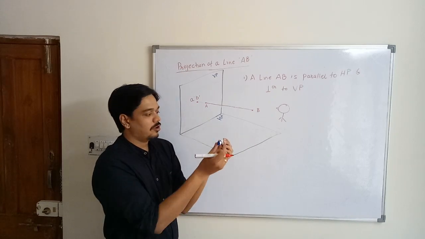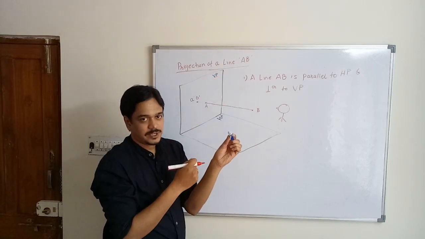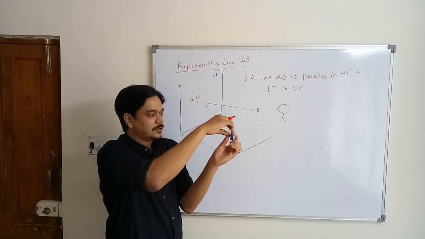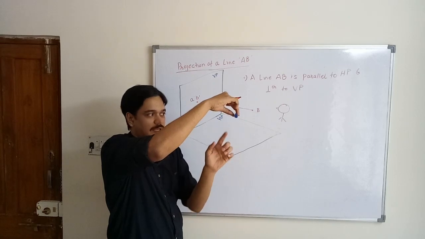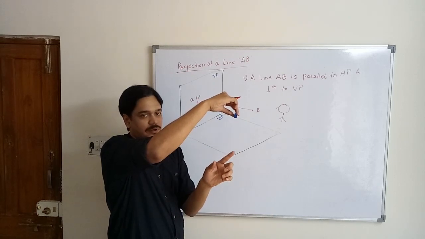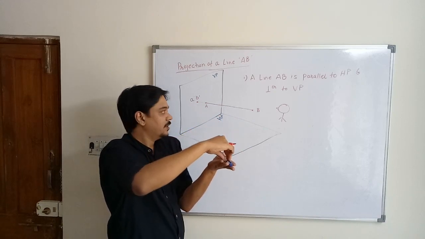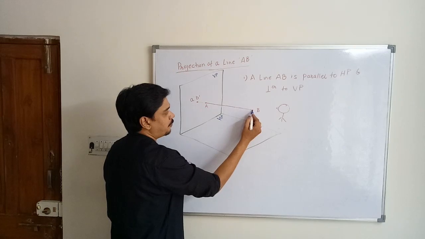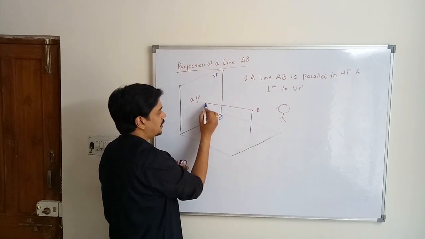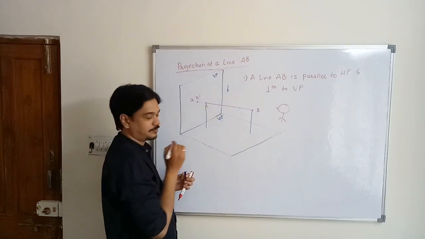Similarly, if you observe the same line from the top direction, what will you see? This point A will be projected over here, this point B will be projected over here. So ultimately you will get a projection like this. You are observing from here, the top direction.